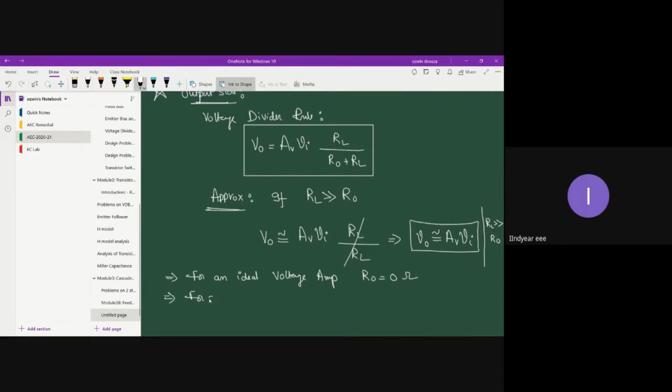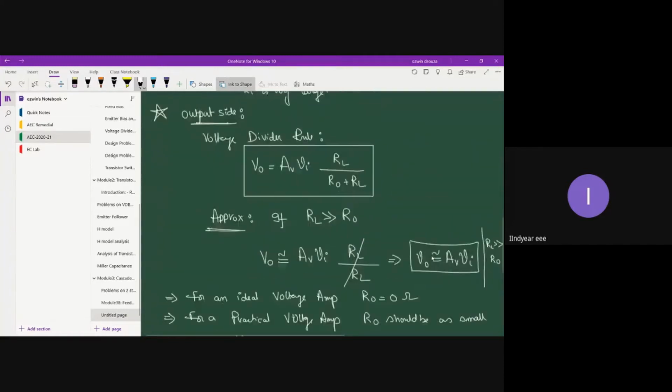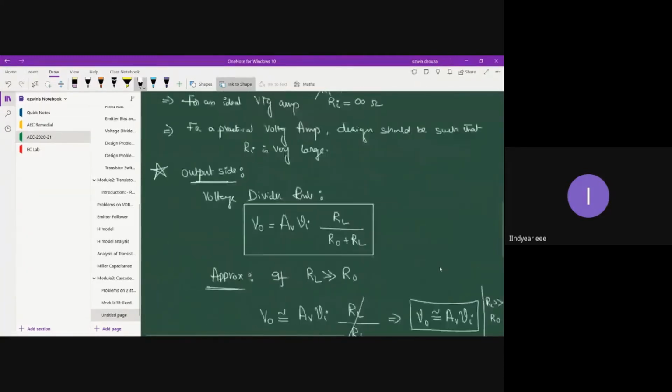Therefore, for a practical voltage amplifier, R naught should be as small as possible. All right. So these are the performance equations of the voltage amplifier circuit.